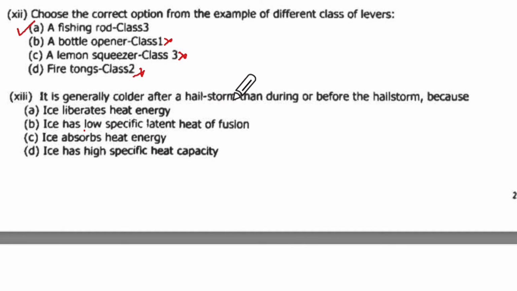So this will be because it is going to be cooler after the hailstorm, because ice is going to absorb heat energy after the hailstorm to melt, correct? Understanding? It's going to melt. When it melts, it is going to absorb heat from the surrounding.